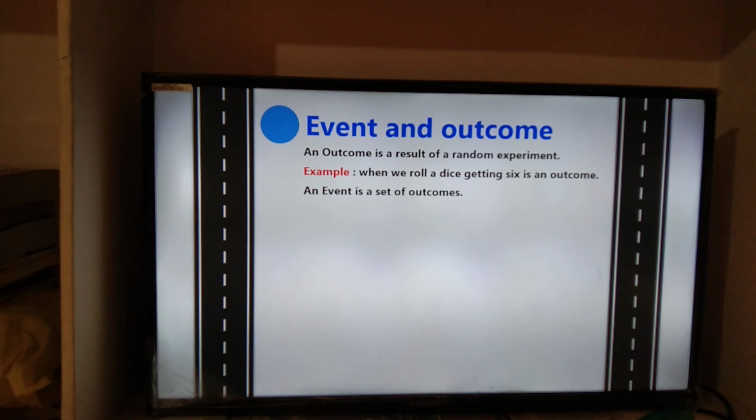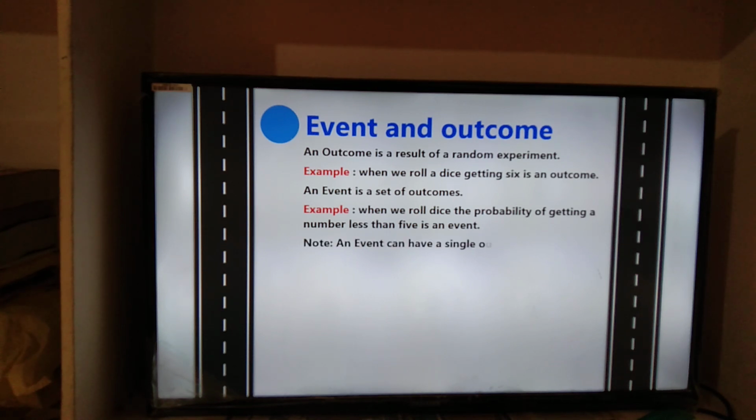An event is a set of outcomes. That is the difference between event and outcome. An outcome is a result of a random experiment. An event is a set of outcomes. For example, when we roll a dice, getting a number less than 5 is an event. An event can have a single outcome also.